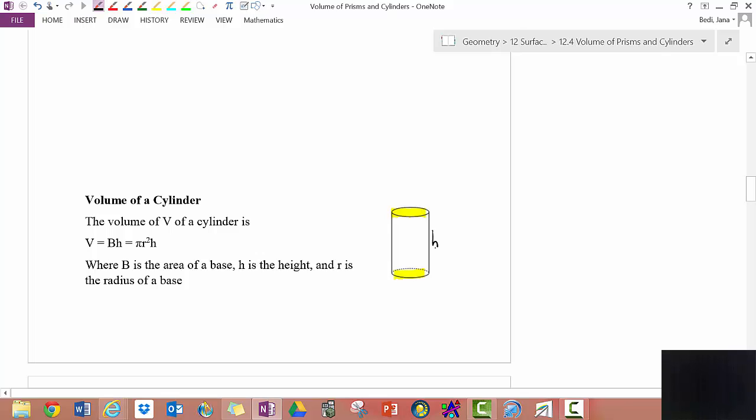That's the height. And B, that's the base. And R is the radius of the base. So over here, it says the volume is always base times height, whether it's a cylinder or a prism. And when we say base times height, we use capital B for the area of the base. It's important to pay attention to the case.